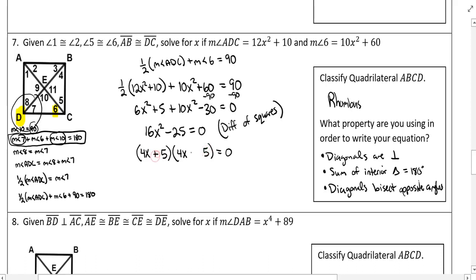And you have a plus sign between the 2 terms in the first one and a minus sign in the other. Then you separate your factors, set them equal to 0, and solve. So we get 4x is equal to negative 5, so x is negative 5 over 4. And 4x is equal to positive 5, so x is equal to positive 5 over 4.